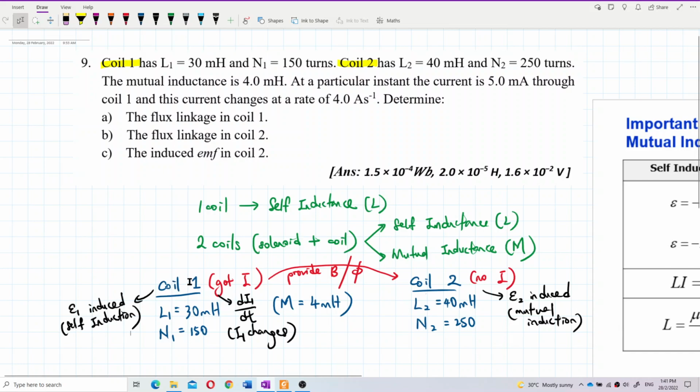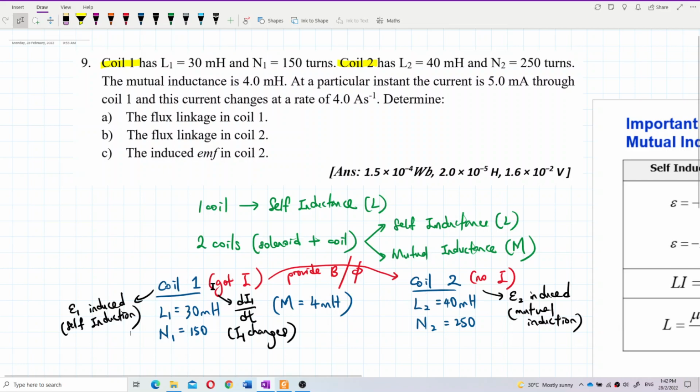Because the current in the same coil changes and induces EMF in the same coil. This is called self-induction. However, if the current in coil 1 changes and induces EMF in a neighboring coil, the other coil, that is mutual induction.